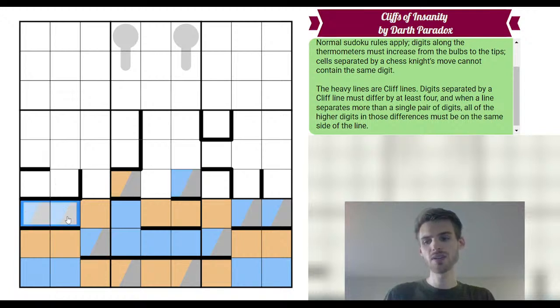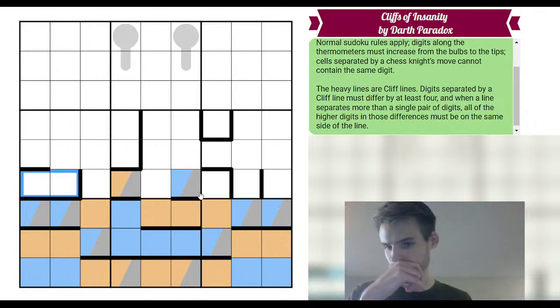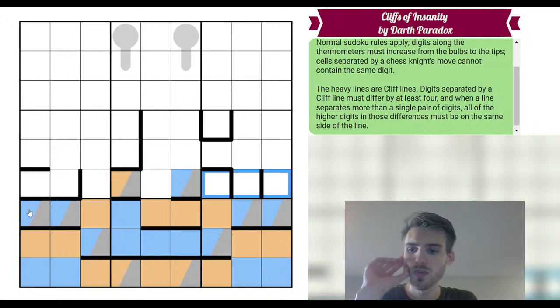Now, it would be nice to know that if there was a 5 in here, because then we would know sort of what Nordy was saying. If there's a 5 sandwiched between... If there was a 5 here... Oh no, that could be like that. So actually it would be nice to know that there's not a 5 here, because then this would be orange or gray. Huh. Row 7.